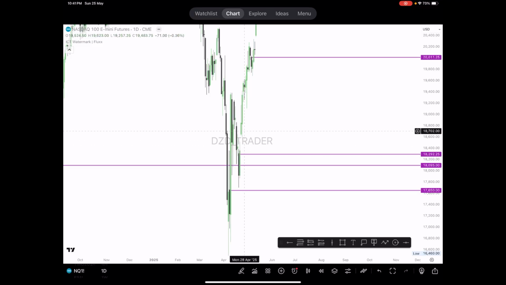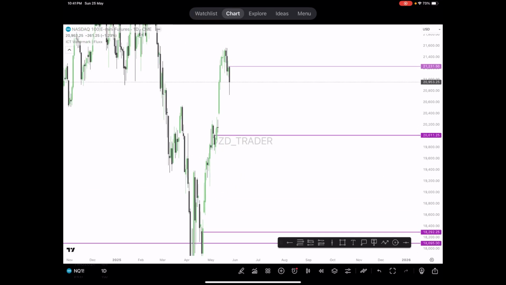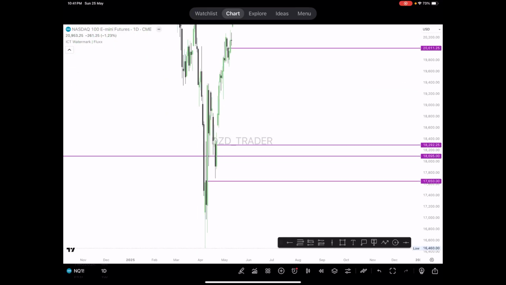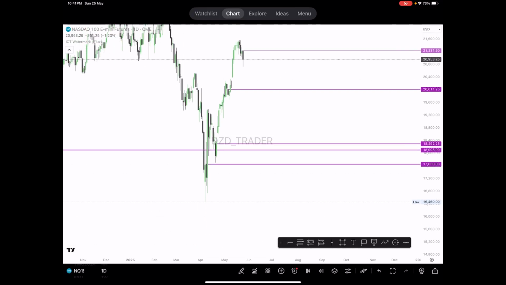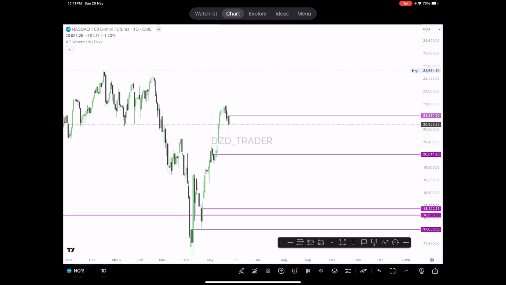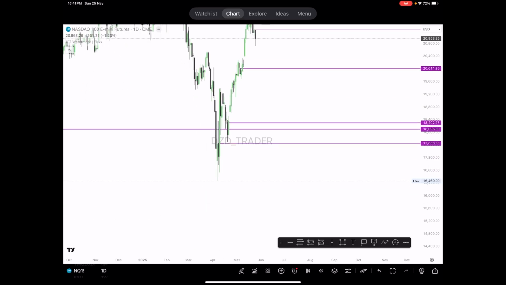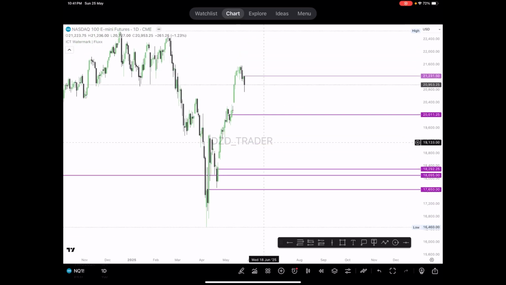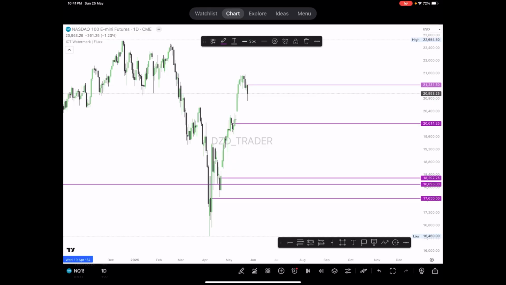The price did not go back to this volume imbalance, which I think it would come back to. And if it comes back to this volume imbalance, it can mean two things. Either price will jump back off to the higher highs, making new all-time highs on NASDAQ, or the price will continue to sink down on the NASDAQ. This is what I want to see on the daily charts.